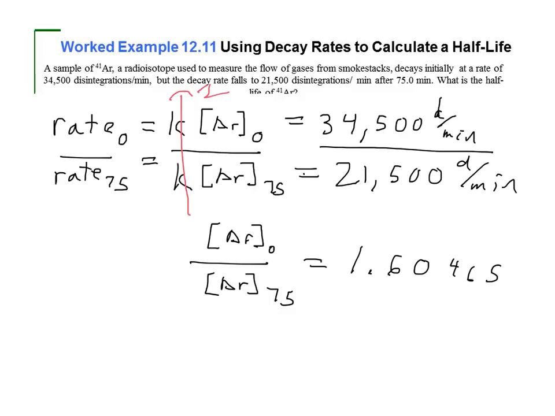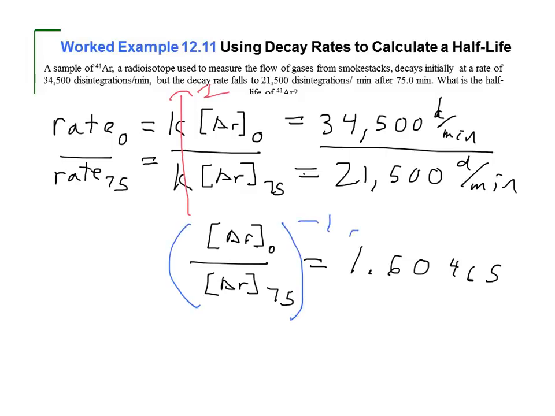So I have the ratio of argon after 75 minutes to argon that we had initially. What we'd really like, however, would be the inverse of that ratio. What am I talking about? Bear with me here for a second. I think it's easier once I've done it than to try to explain what I'm doing.